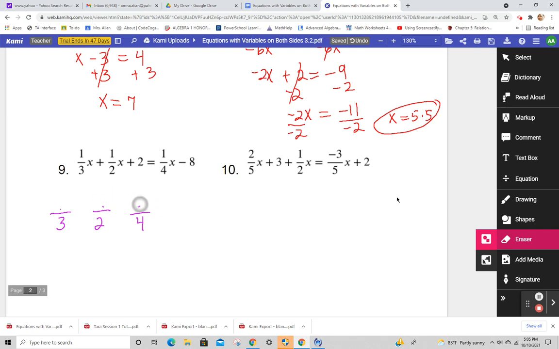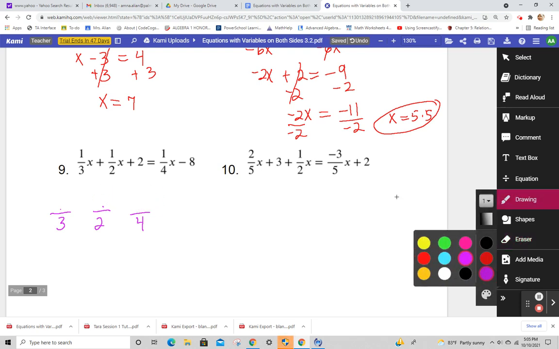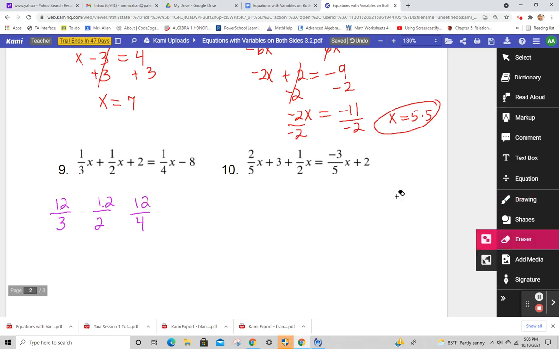So if you put 12 here, 3 divides 12, 2 divides 12, and 4 divides 12. So that is our least common multiple. That's what we're going to use to get rid of the fractions.